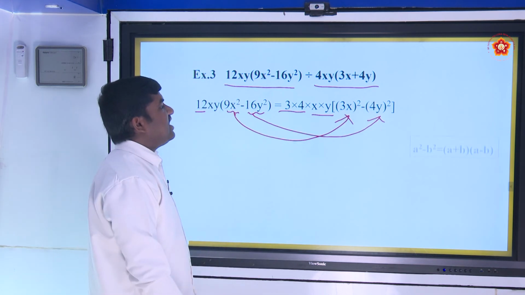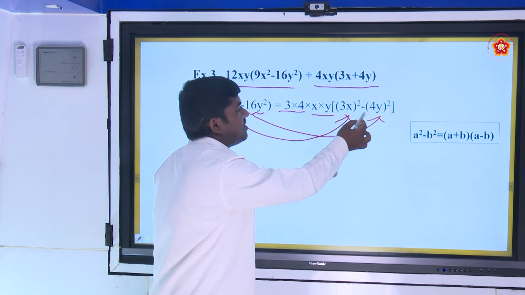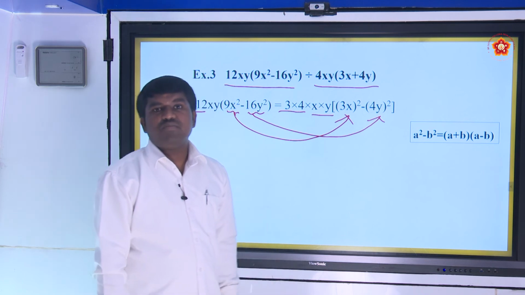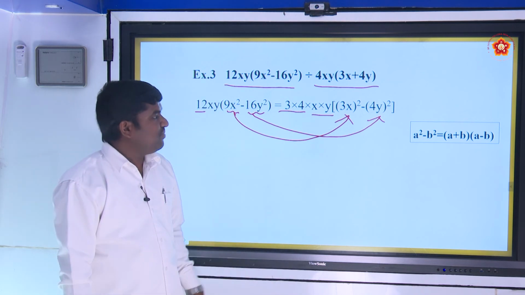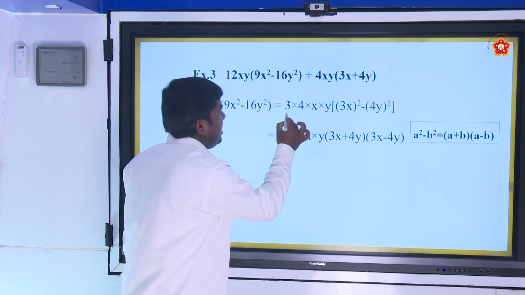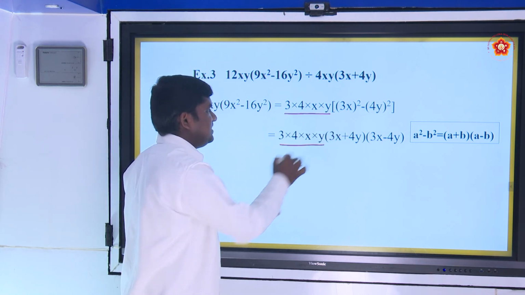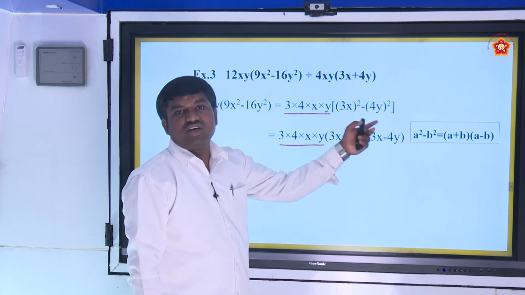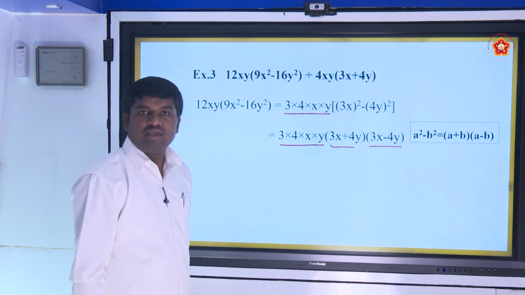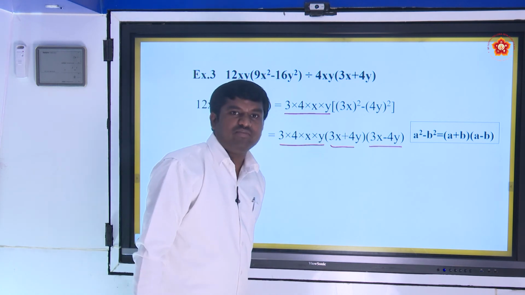See here, this looks like the a square minus b square formula. a square minus b square is equal to (a plus b) into (a minus b). Here a is 3x, b is 4y.